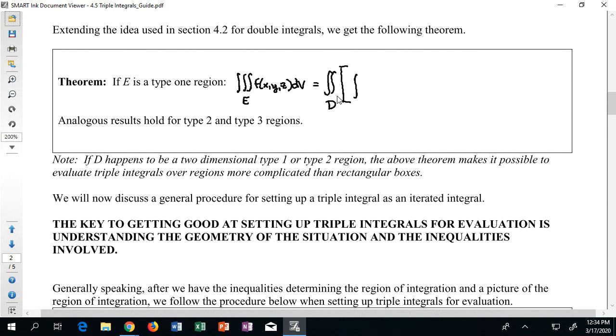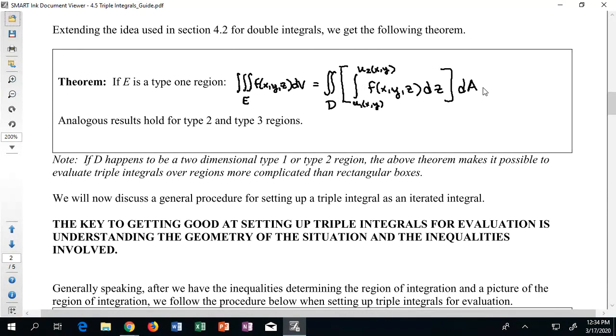And then on the inside, I have this final integral, the third integral out of the triple. Notice that that's an integral that involves z. So what I'm going to have here are my functions that bound the floor and the ceiling, and those would be the innermost bounds.